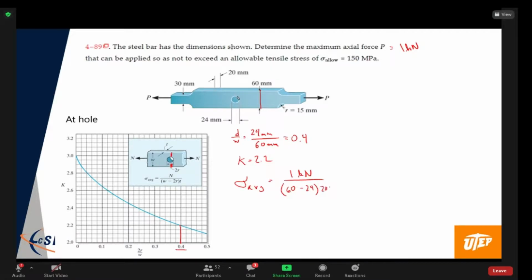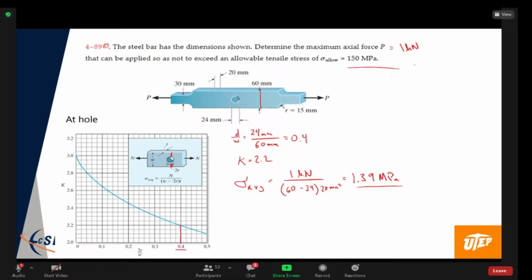So that's going to be in millimeters squared. And so that gives me an average stress of 1.39 megapascals. So that's actually going to be less than the 150. But let's leave that for now.